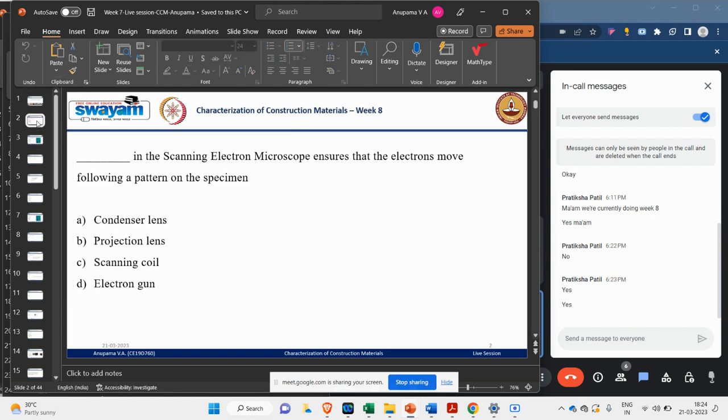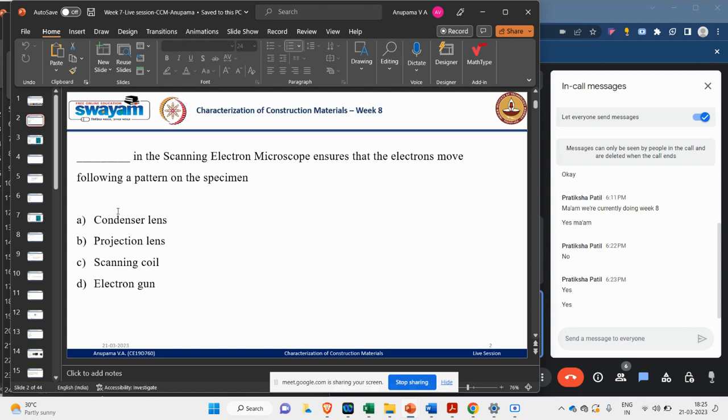Okay, so now the question is, in the scanning electron microscope, which component ensures that electrons move by following a pattern on the specimen?